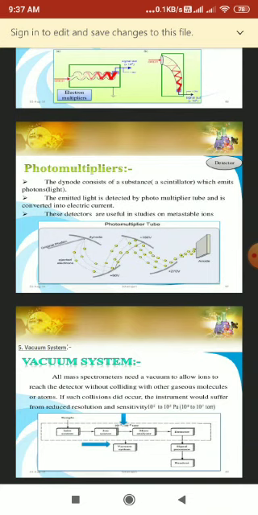Loss of ions from the sample may take place due to collision with molecules of atmospheric gases, resulting in a poor result. Most vacuum systems use a combination of mechanical and oil diffusion pumps to produce the required vacuum.